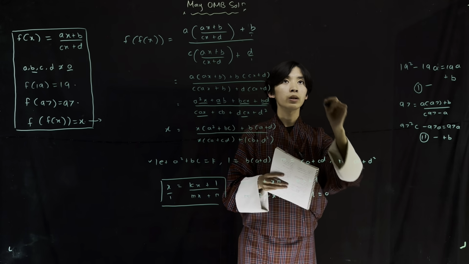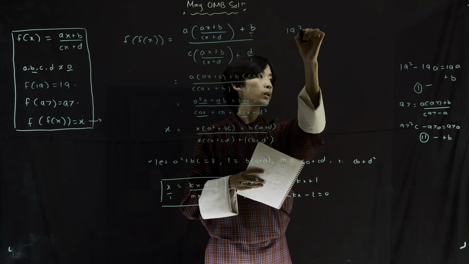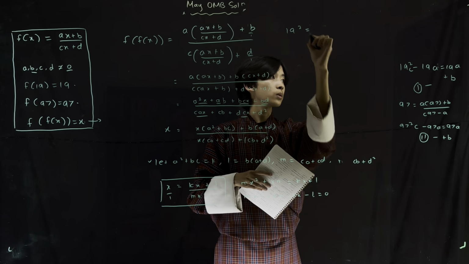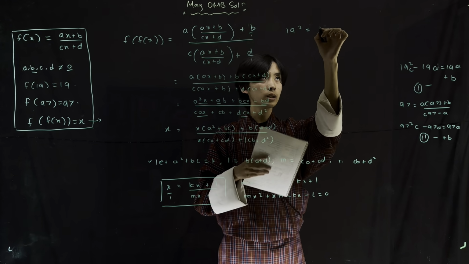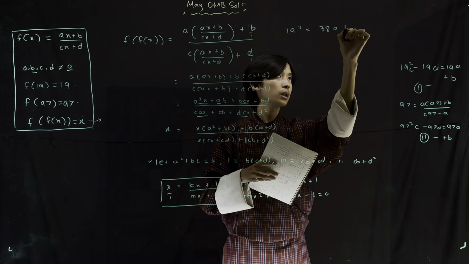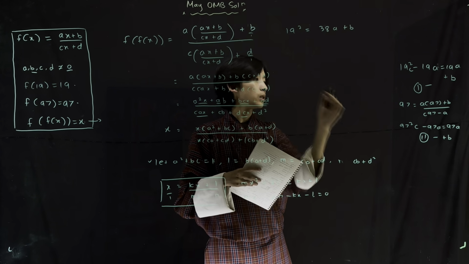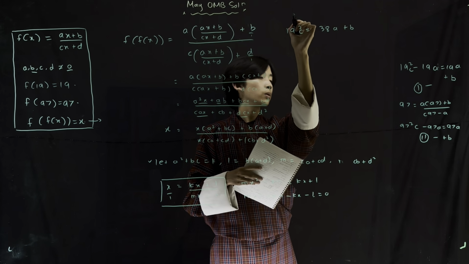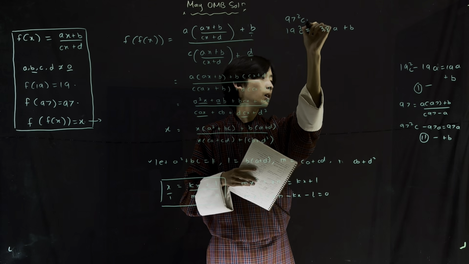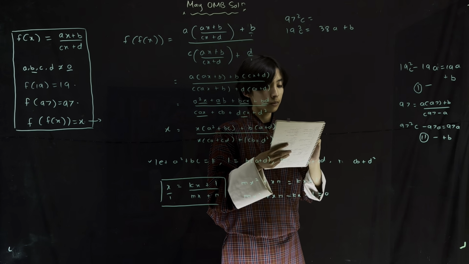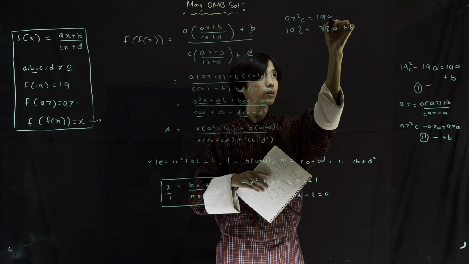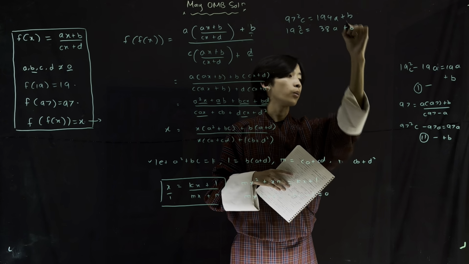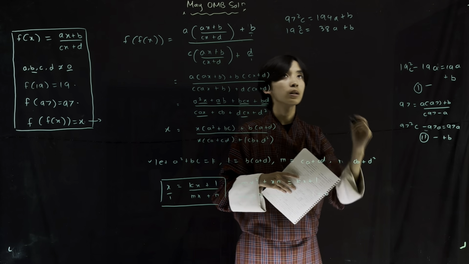So we can take equation 1 here, 19 squared c actually, which is equal to, so we can take 19a to the other side, which becomes 38a plus b. And we can also do the same here, 97 squared c, which is equal to 194a plus b, upon taking the negative 97a to the other side.